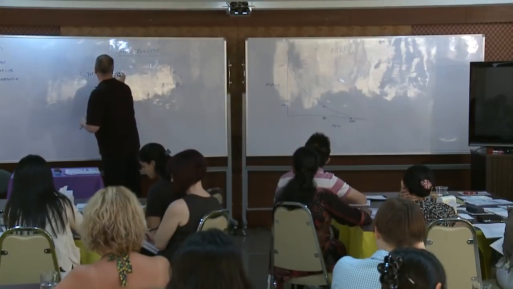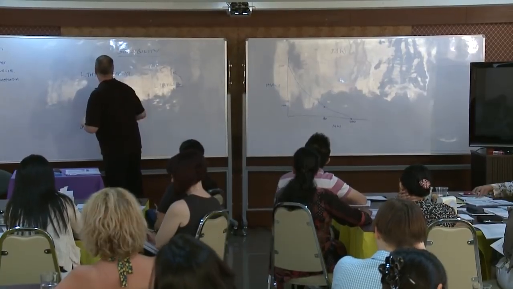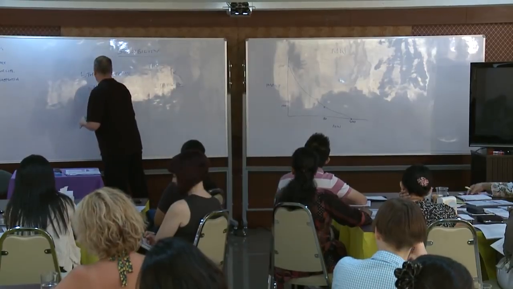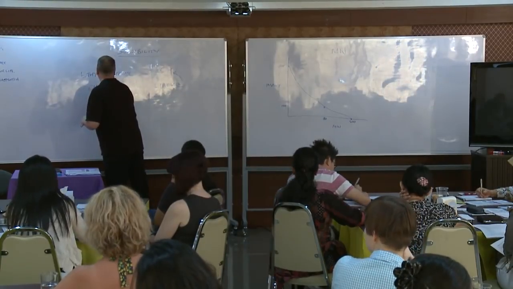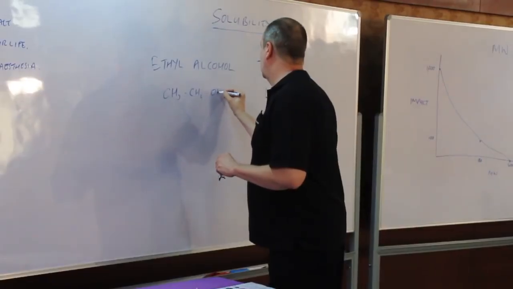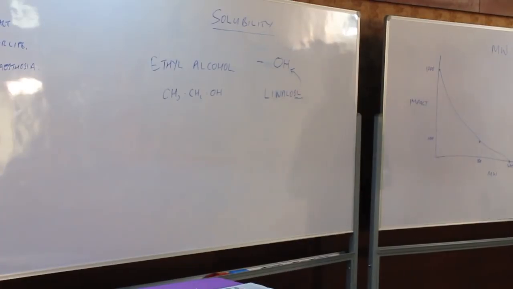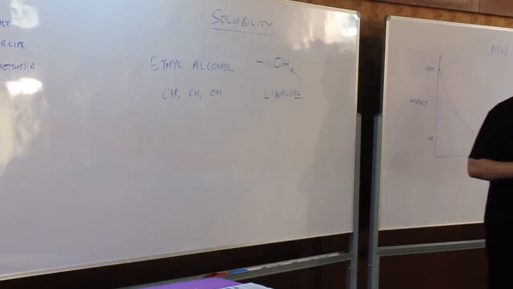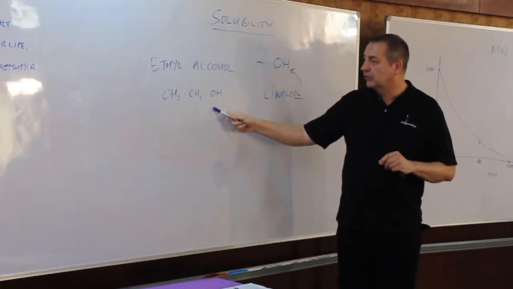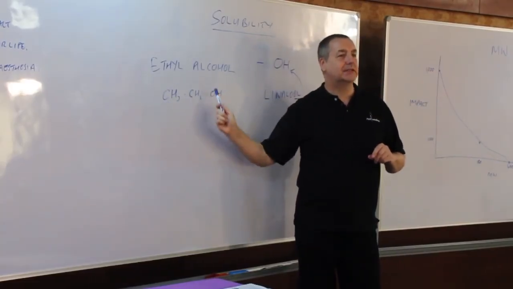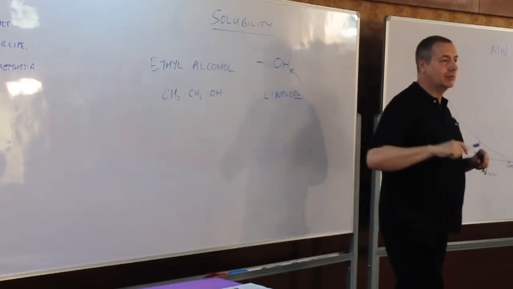So ethyl alcohol, normal alcohol, the alcohol you get in whiskey and vodka. The OH group is quite a big portion of the molecule, so it makes it 100% soluble.